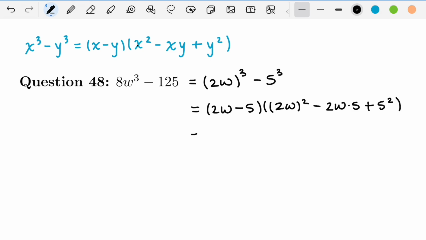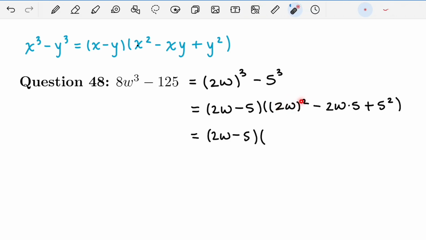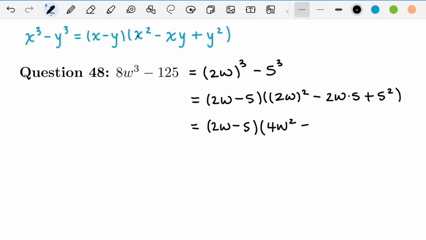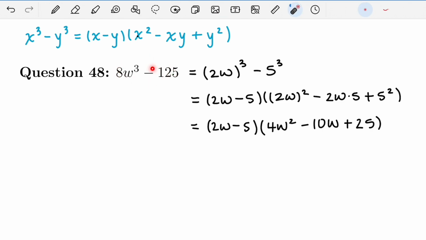So from here, we can simplify this a little bit. We have 2w minus 5 on the outside still, and then 2w squared is going to give us 4w squared. Then our second term here is going to give us minus 10w, and then our last term, we're going to add 25 here. So this would be our fully factored form when factoring this polynomial.